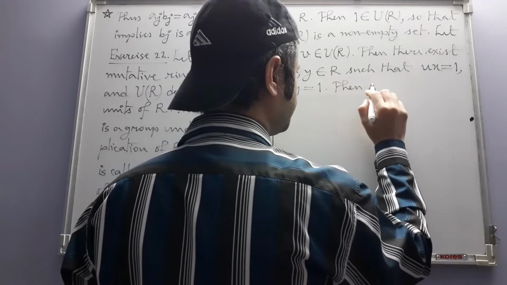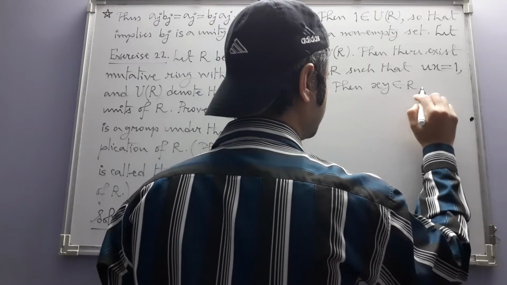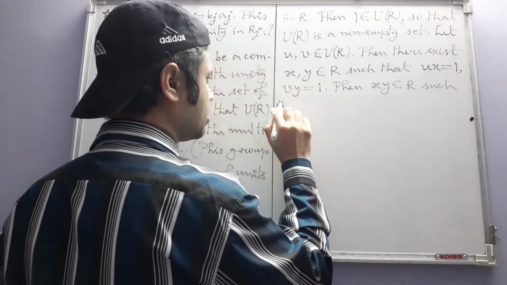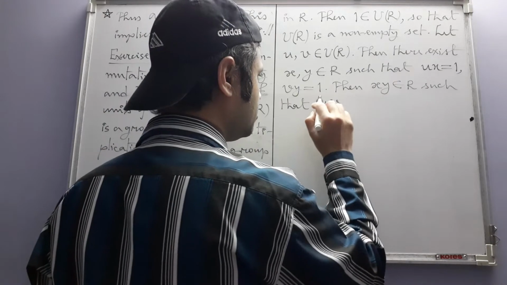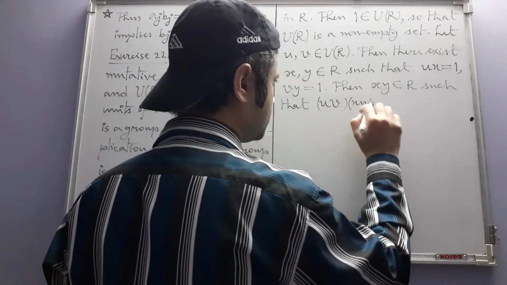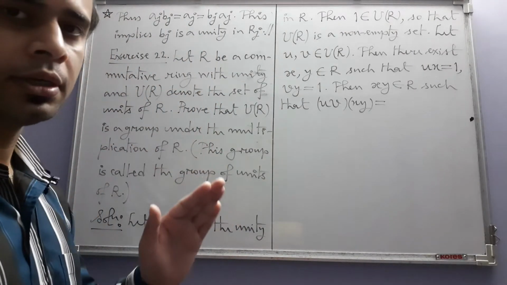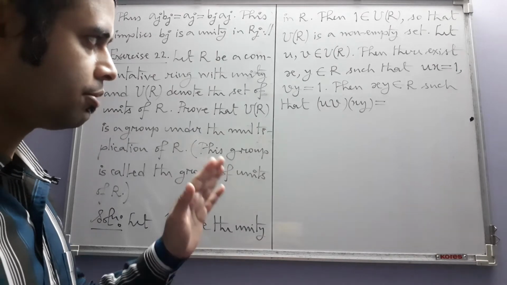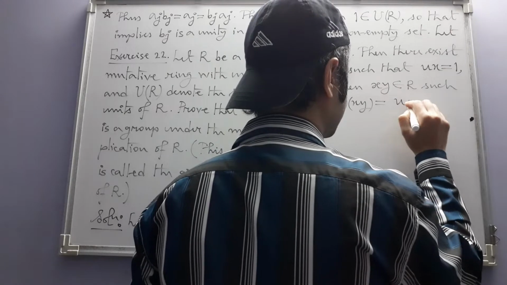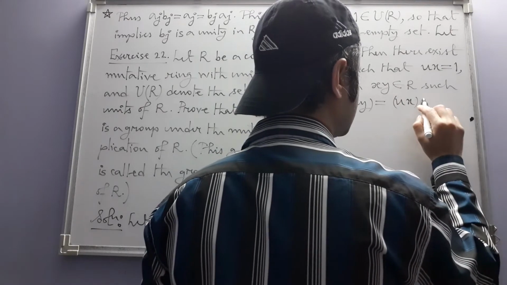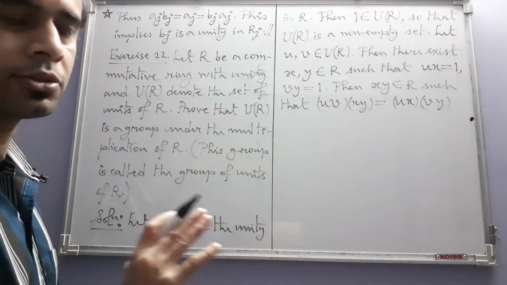Then xy belongs to R such that uv times xy, using the fact that multiplication in R is associative as well as commutative, we can write this product as ux times vy. There are many intermediate steps. Okay, I am not showing those things.